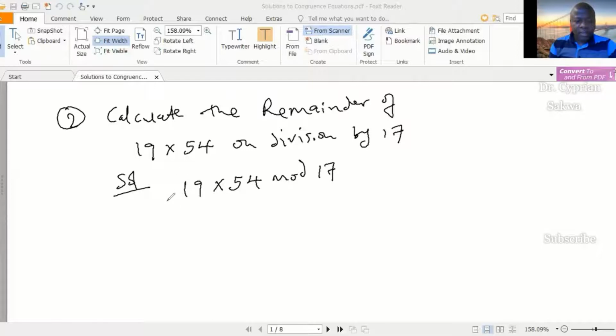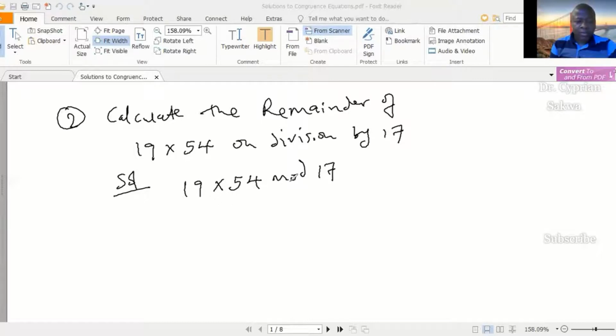Now, if it's a small product like this, you can still just multiply it. You can multiply 19 times 54, get the result, then divide that result by 17 and see what the remainder would be. But in complicated questions, you may want to simplify this.